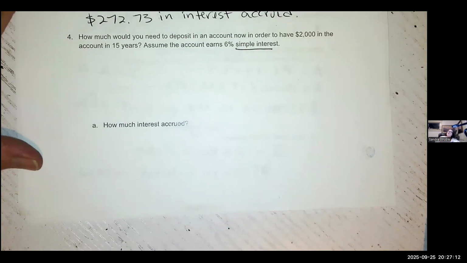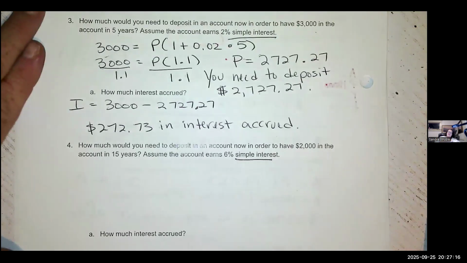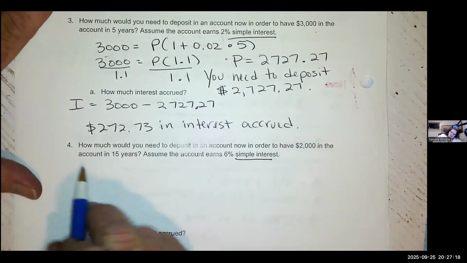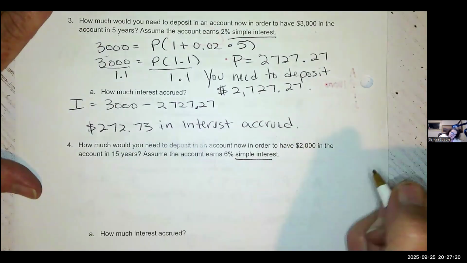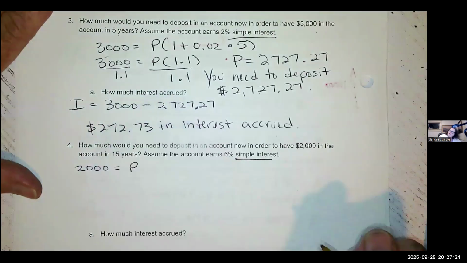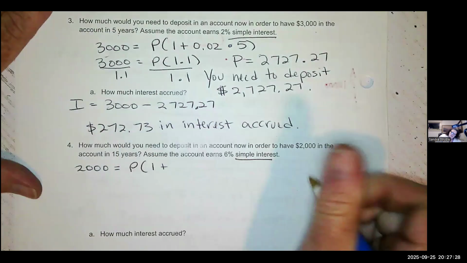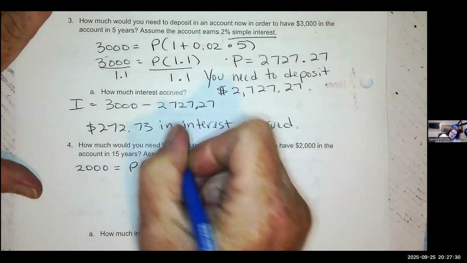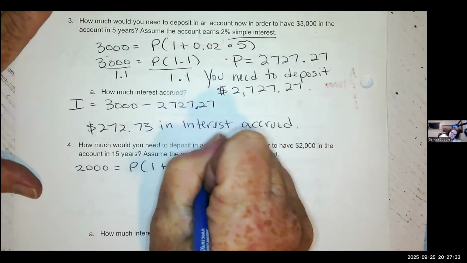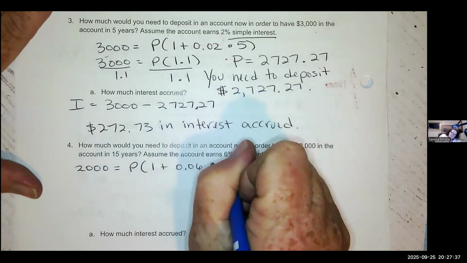Okay, it's just like the previous one. I'll put it down here so you can see it. It says, how much would you need to deposit? They're telling us we want $2,000 in the account. We need to find out how much we need to invest. 1 plus 0.06, because 6 divided by 100 is 0.06, times our time, which is 15 years.